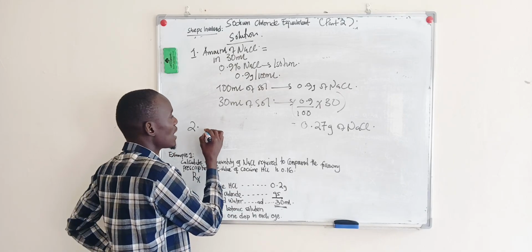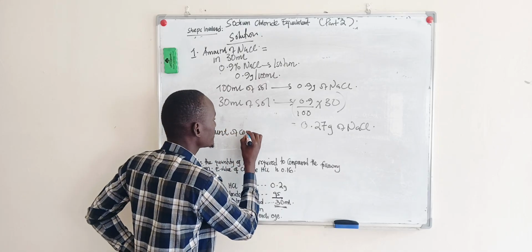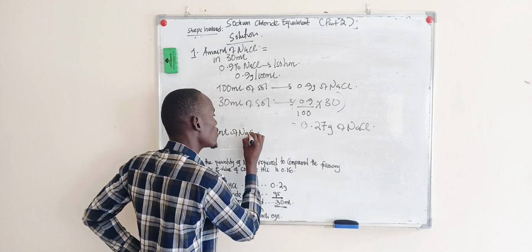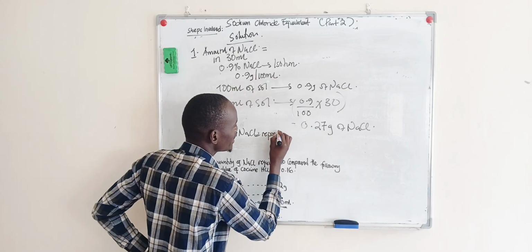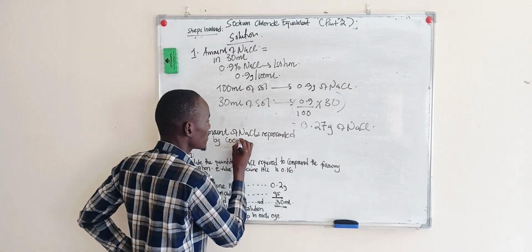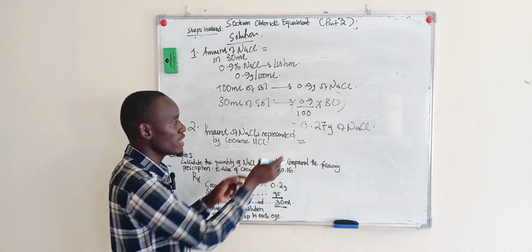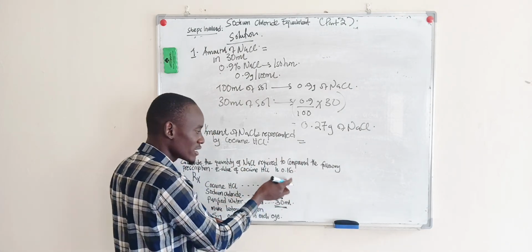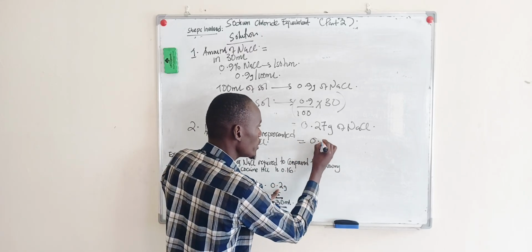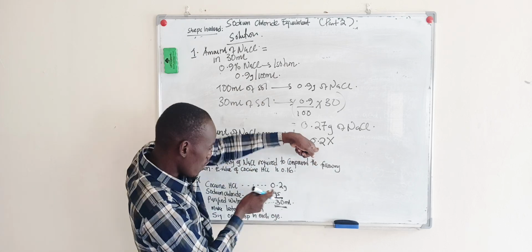So we shall also calculate the amount of sodium chloride represented by cocaine hydrochloride, which will simply be equal to the product of the mass of that ingredient, which in this case is 0.2, multiplied by the sodium chloride equivalent of that compound.